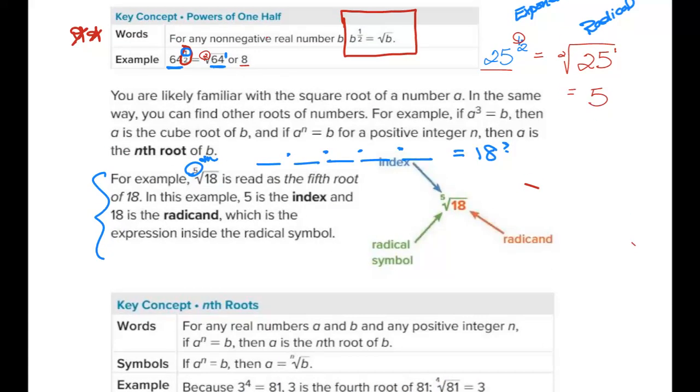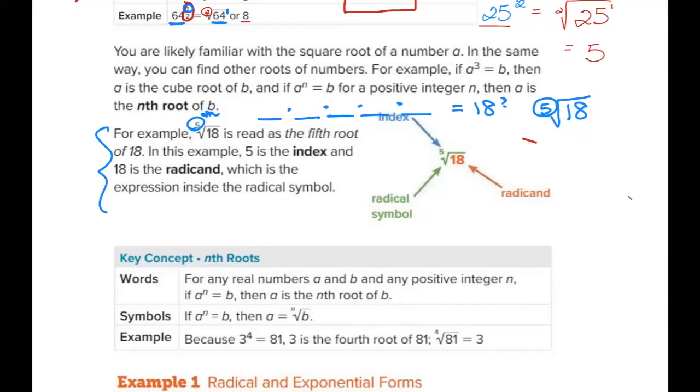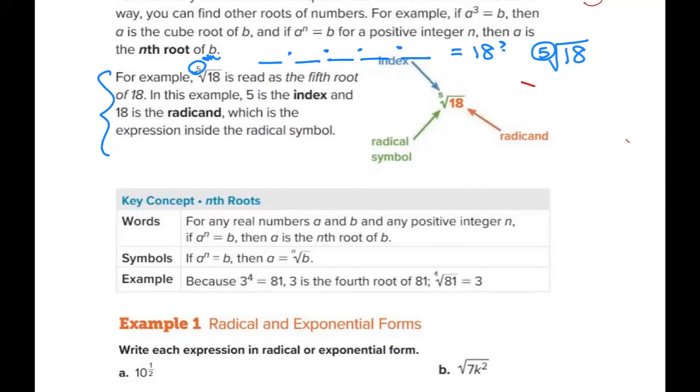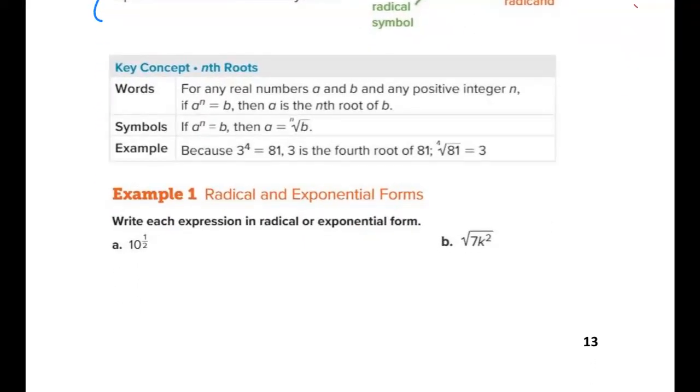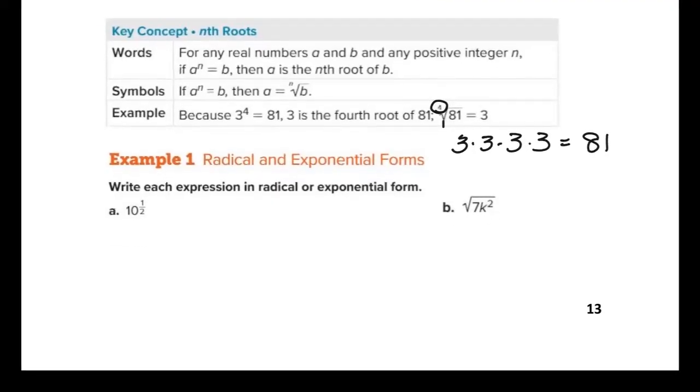So the 5th root of 18 is what number multiplied 5 times gives you 18. Okay, so down at the bottom, because 3 to the 4th power is 81, 3 is the 4th root. So you could say 3 times 3 times 3 times 3 gives you 81. Or the 4th root of 81 is 3.